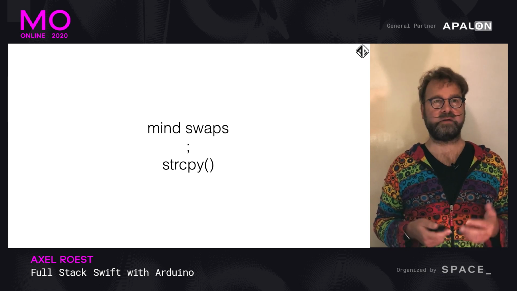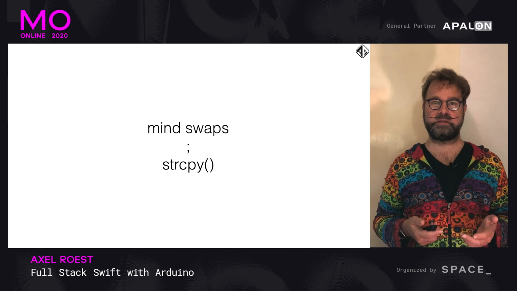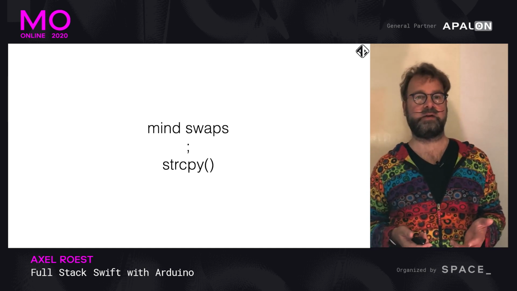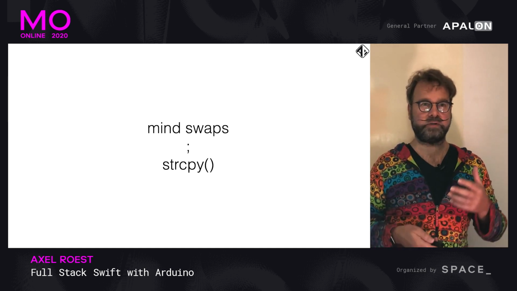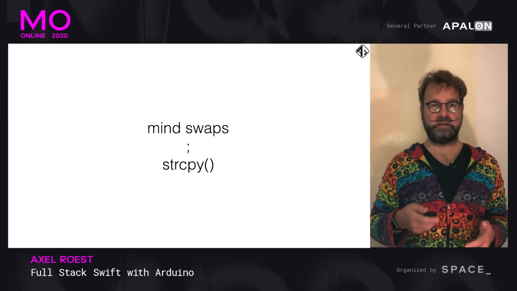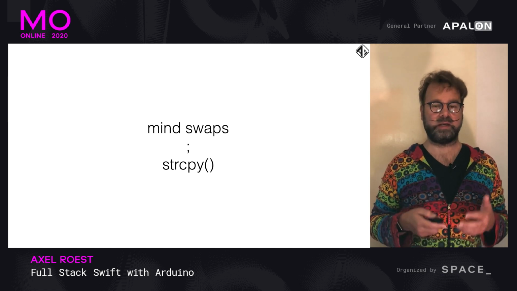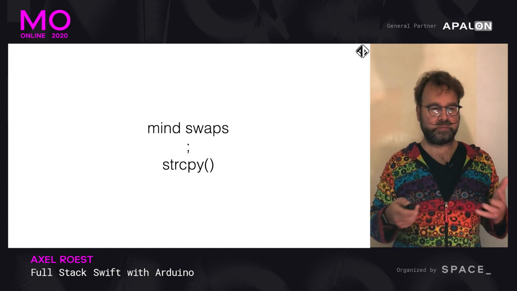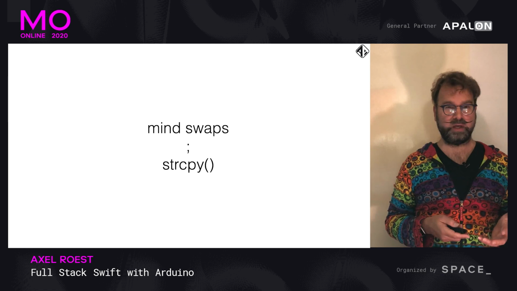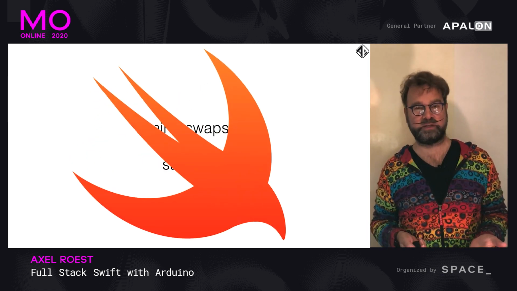So I thought, okay, let's create a C++ string array. But then the Wi-Fi library needed C strings, so char star arrays. So I had to convert from C++ strings to C strings every time, and then you deal with void star pointers, and every time it was a mind swap, and do I need a strcpy or a string copy? So luckily, Swift to the rescue.